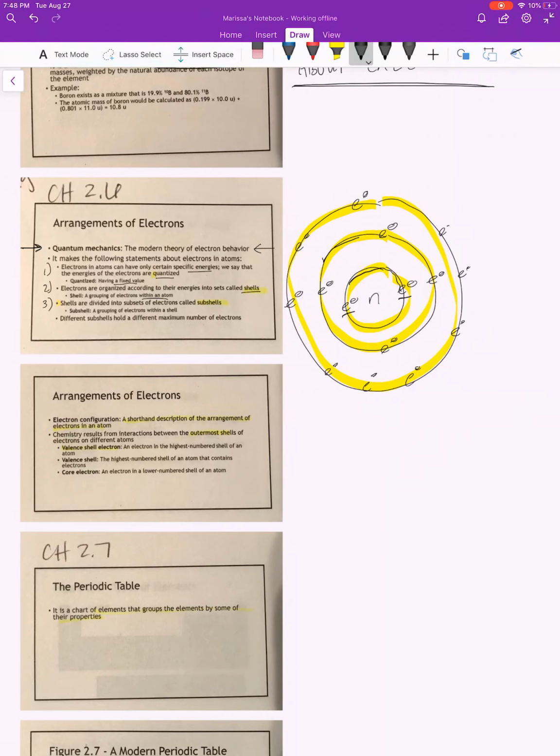And the third is that these shells are divided into a subset called subshells, and this is a grouping of electrons within a shell. So if we think back to this first shell right here, it's going to have a set of subshells, just like this one will, and just like the third one will. It's kind of like if you lived on a street and you had a house.